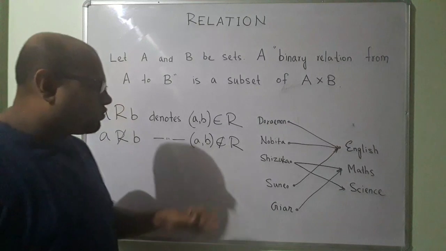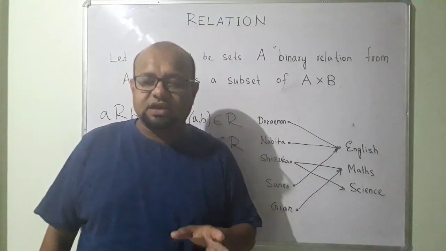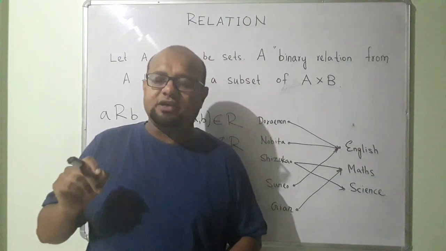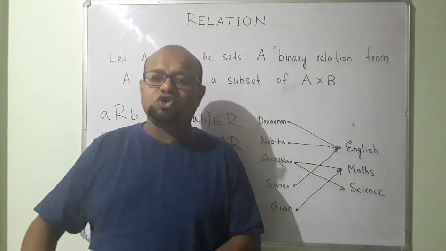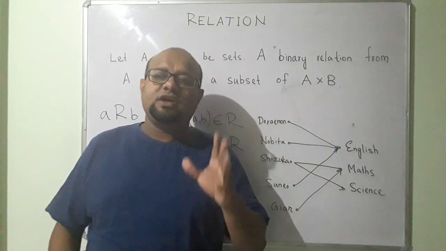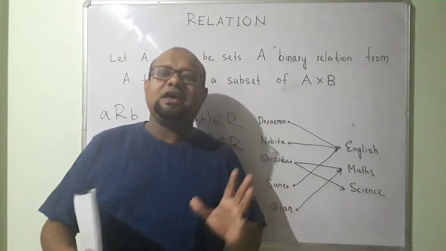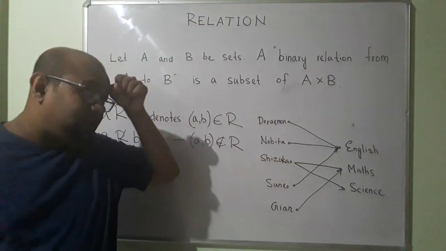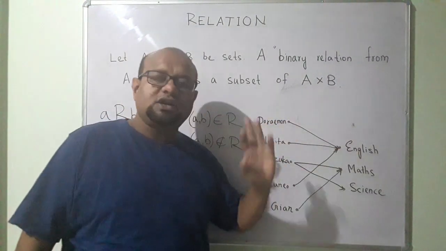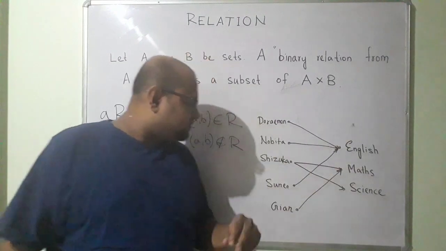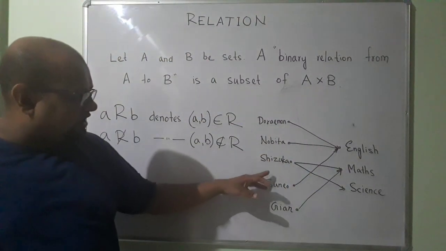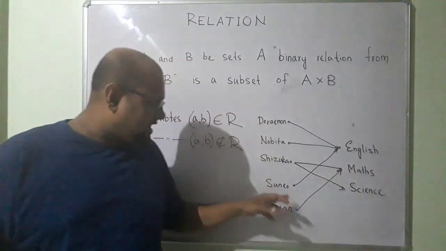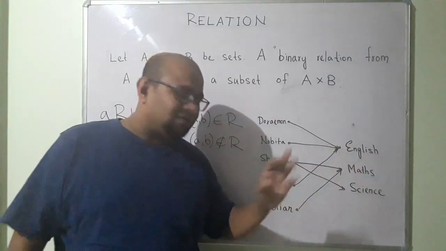What this relation indicates is that the ordered pair (a, b), where a is a student and b is a course, will be in the relation if this student got a grade of outstanding in that course. So what does this mean? This means that Doraemon, Nobita and Suneo got an outstanding grade in English. Then Shizuka got outstanding in Maths and Science. Suneo got it in English and then Jian got it in Maths.